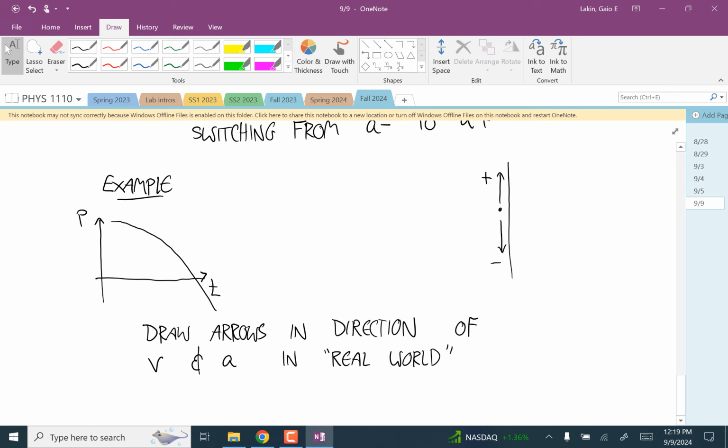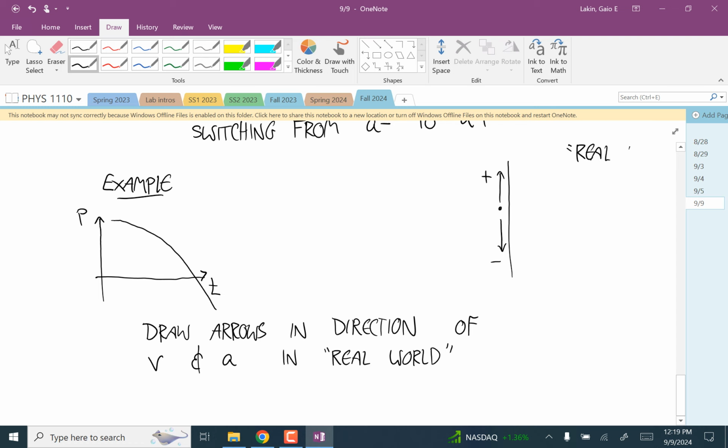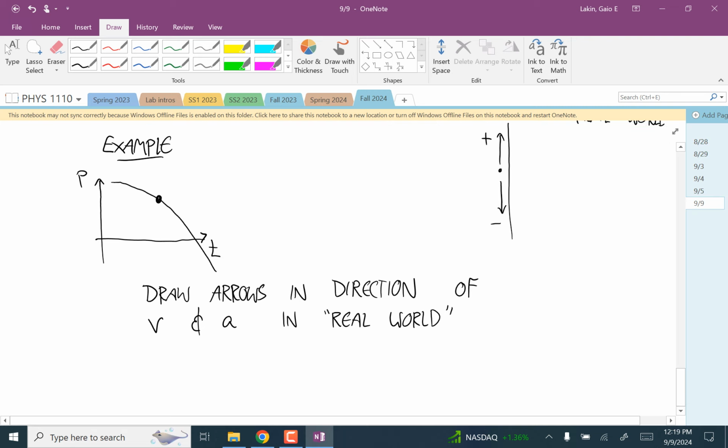Okay, this is a picture of the real world over here, and that line shows the line along which the object is moving in the real world. And the instant we're thinking about, let's just choose this as a representative instant.